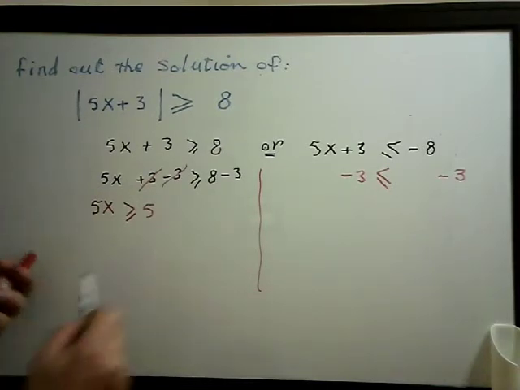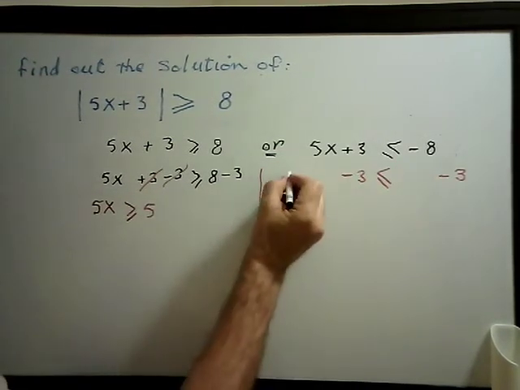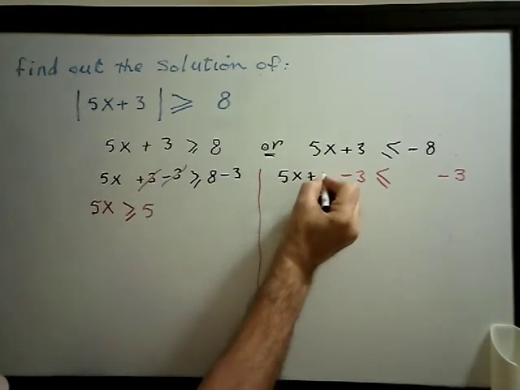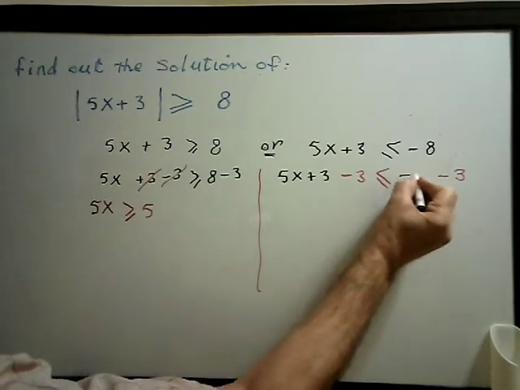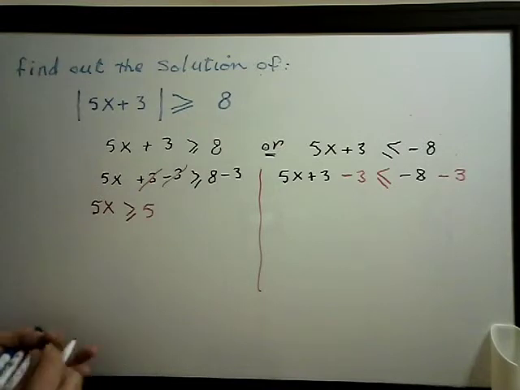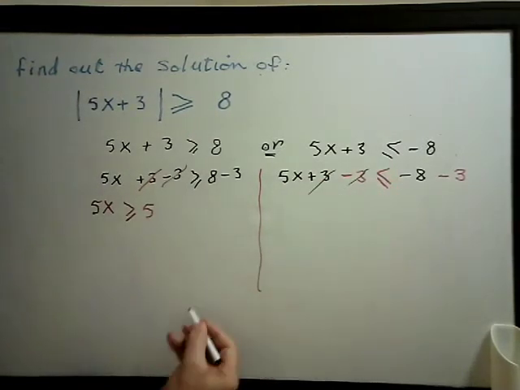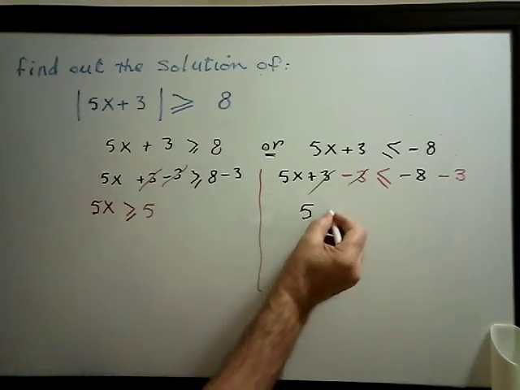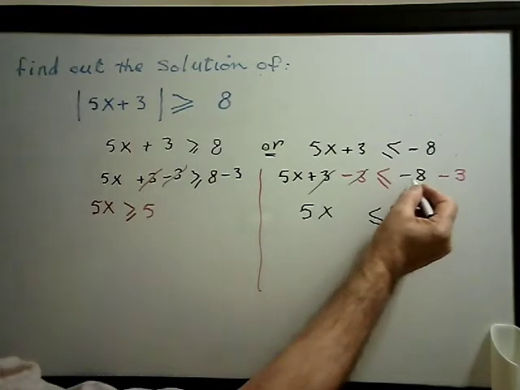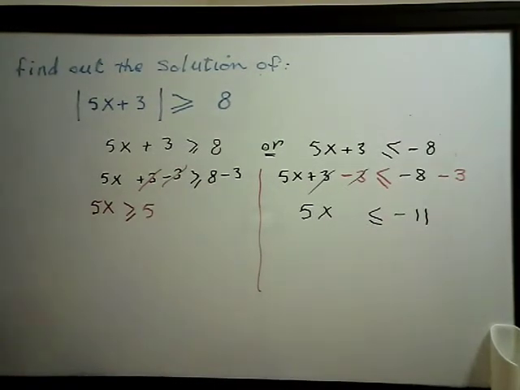By adding -3 to both sides, here still 5x plus 3 and here -8. So the cancellation now, plus 3, -3, we have 5x at the left side, and on the right side we have -11.